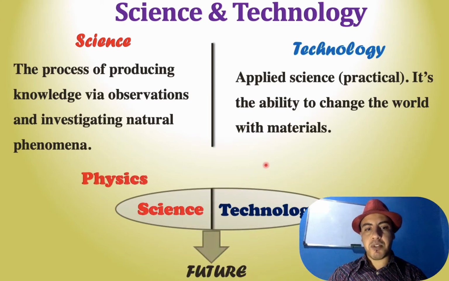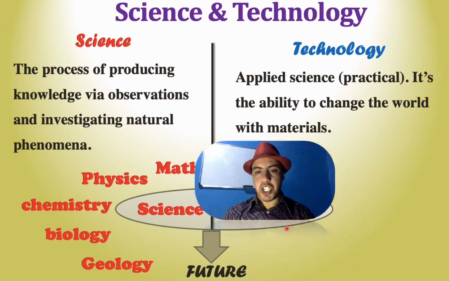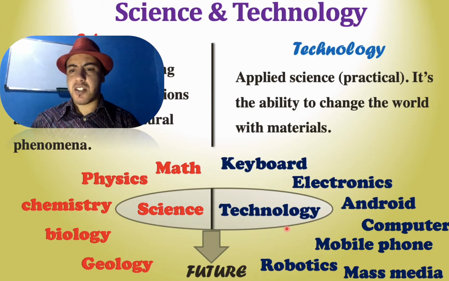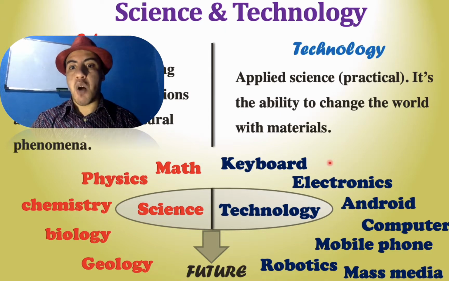So when we talk about science, we talk about fields. We have math, physics, chemistry, biology. So here we have science. And for technology, we can talk about many things that we have in our world right now, in our life.